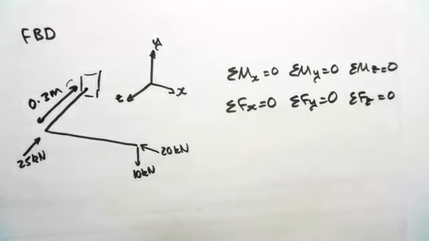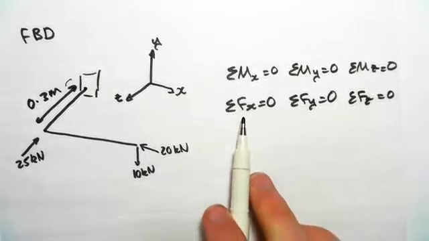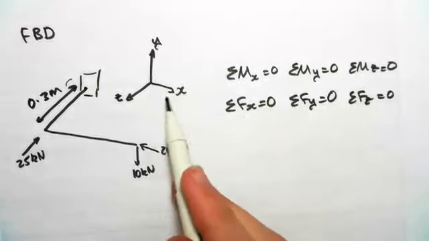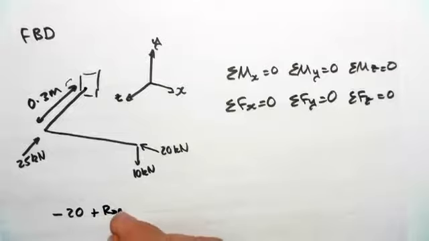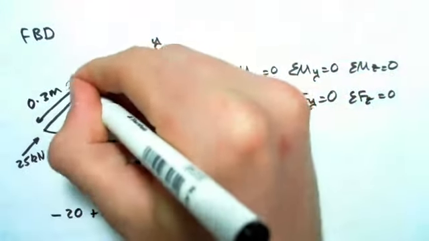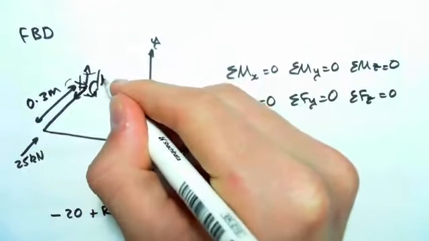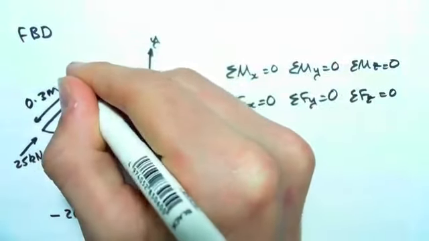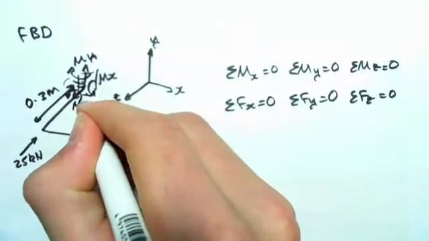Okay, so from this we can go straight into the sum of the forces in the X direction. We have negative 20 kilonewtons plus our Rx, which is occurring here. I can draw them all in, but it gets a bit messy because then you have to do moments: Mx, My, and Mz.